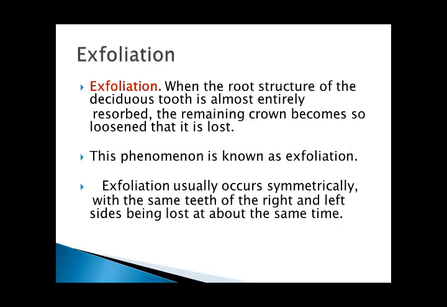Exfoliation occurs when the root structure of the deciduous tooth is almost entirely resorbed and the remaining crown becomes so loosened that it is lost. The phenomenon is known as exfoliation. Exfoliation usually occurs symmetrically, with the same teeth on the right and left sides being lost at about the same time.